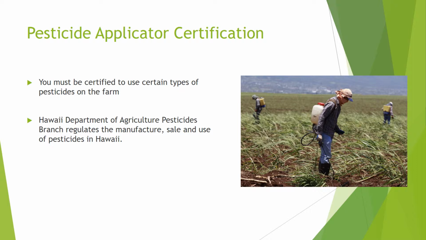So make sure you're not doing any environmental damage to the land, but also making sure that employees, employers, and nearby neighbors are not getting sick from improper application of various sprays of pesticides or fertilizers.